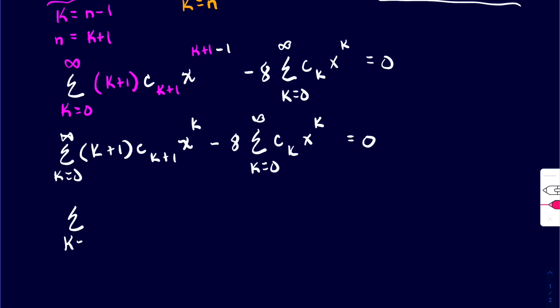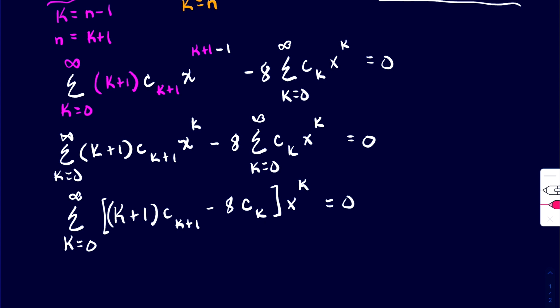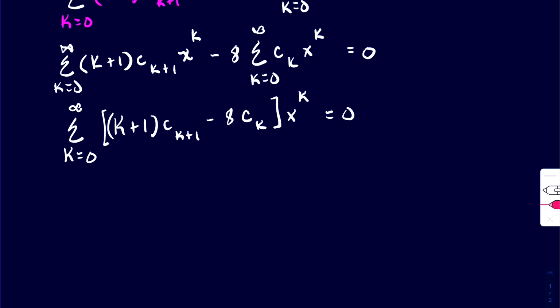Writing this as one happy summation and factoring out the x to the k to the right, we will have k plus 1 times c sub k plus 1 minus 8 times c sub k, all of that times x to the k, and we'll get that equal to 0.